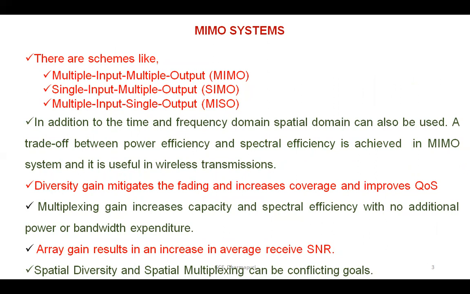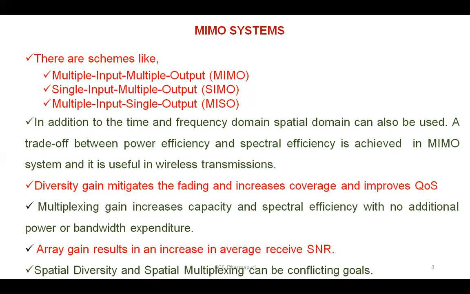And the third one is MISO, that is the multiple input, single output. In addition to that, time and frequency domain, spatial domain can also be used. A trade-off between power efficiency and spectral efficiency is achieved in MIMO systems and is used in wireless transmissions.